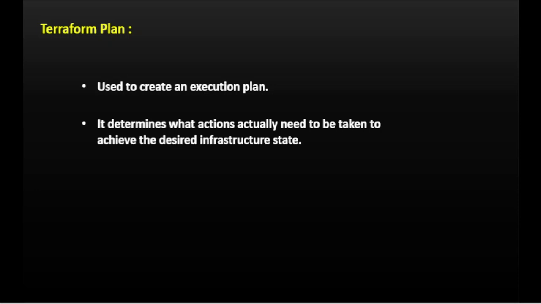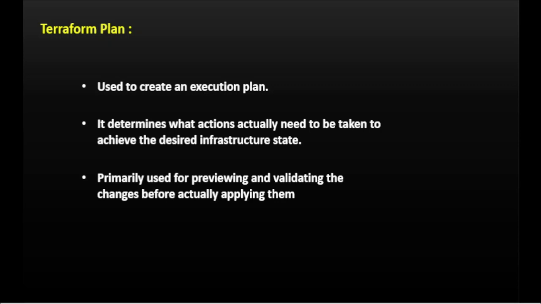It will determine which resources need to be created, modified or destroyed, and it will give you a detailed execution plan that describes the changes Terraform will make to your infrastructure. So basically, the terraform plan command is primarily used for previewing and validating the changes before actually applying them with the terraform apply command. Hope you understand this part. So the terraform plan command is simply used for previewing and validating the changes.